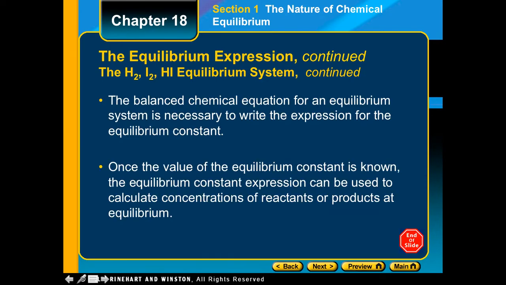The balanced chemical equation for an equilibrium is necessary to write the expression. Once the value of the equilibrium constant is known, the equilibrium constant expression can also be used to calculate the concentrations of reactants or products at equilibrium.